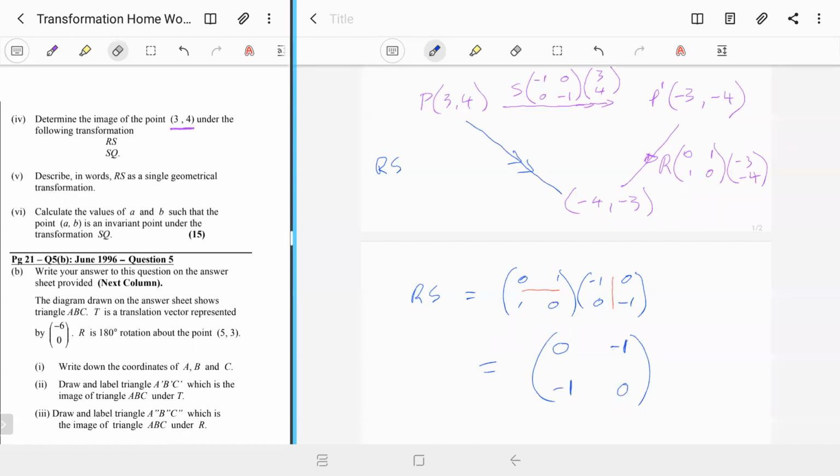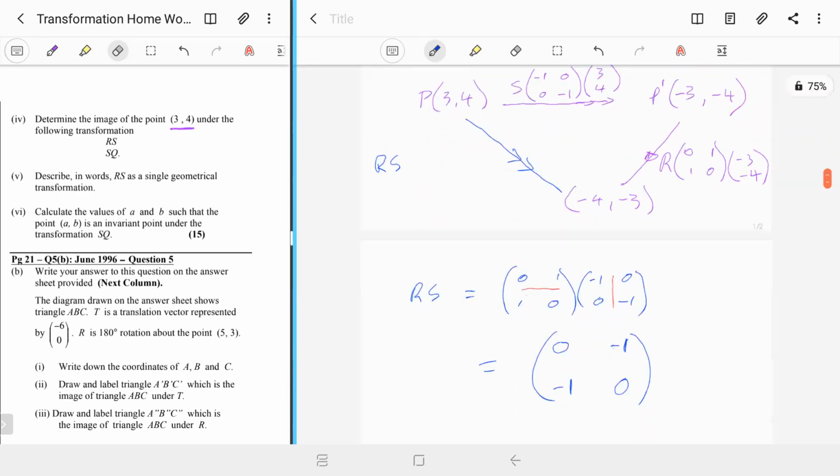And over here, 1 times 0 and 0 times negative 1 is 0. So I got the matrix that I wanted. This matrix is the y equals minus x reflection matrix. I knew what the answer was before I did it because of my must-know items.